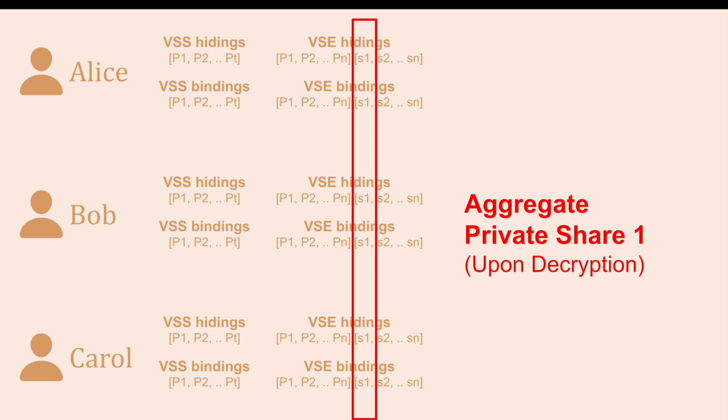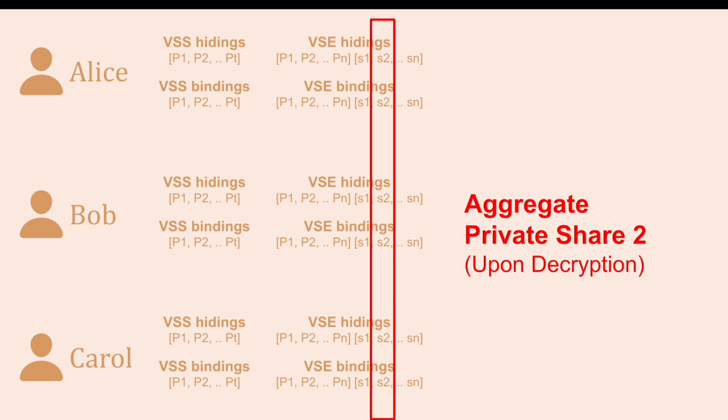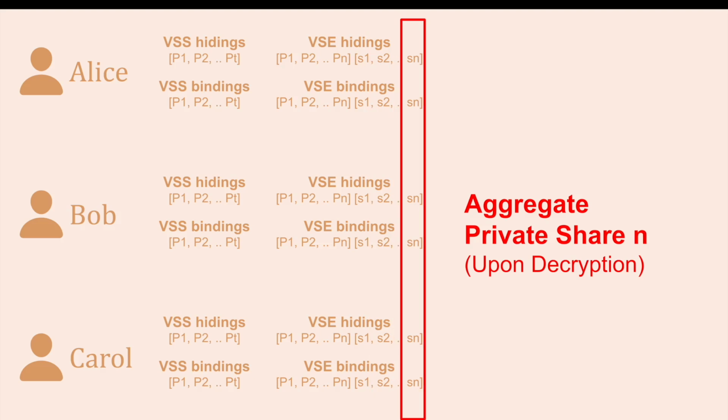But the sum of S1s is effectively the encrypted secret share of Alice. And similarly, the sum of all S2s is the encrypted secret share of the second participant, which in this case is Bob, and the sum of Sn's is the encrypted secret share of Carol.